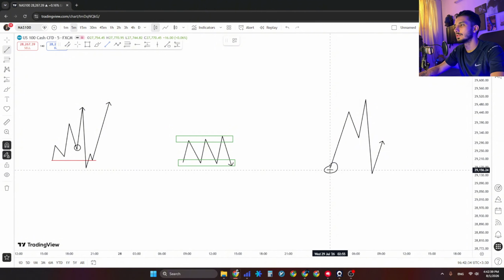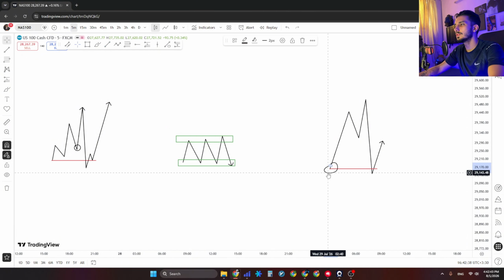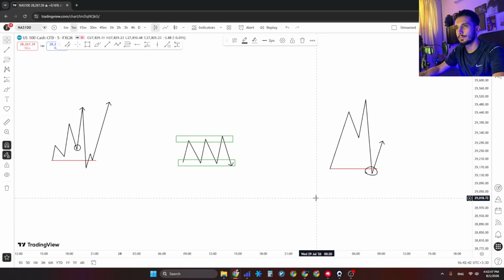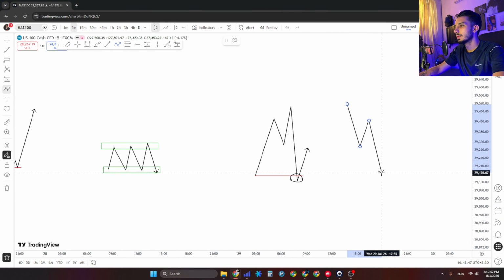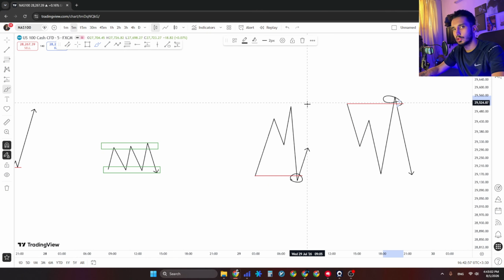This is liquidity. You see, this is our liquidity. We are gonna take this as a liquidity sweep. If I want to show you the opposite of this one, it's gonna be something like this, and as you can see, this is liquidity sweep.